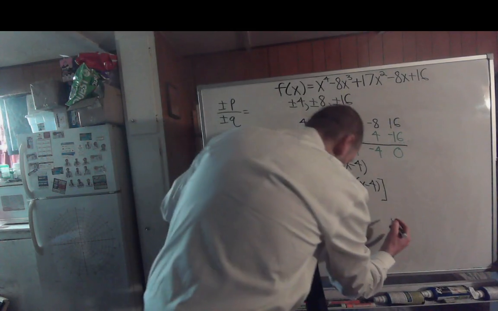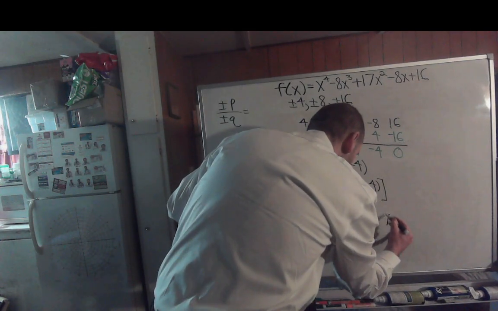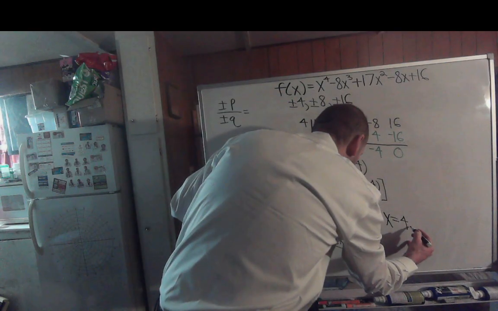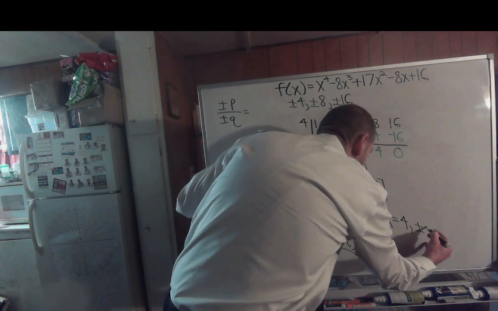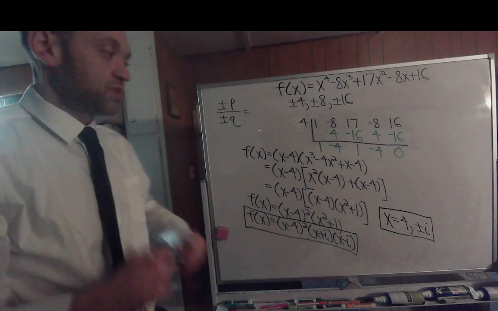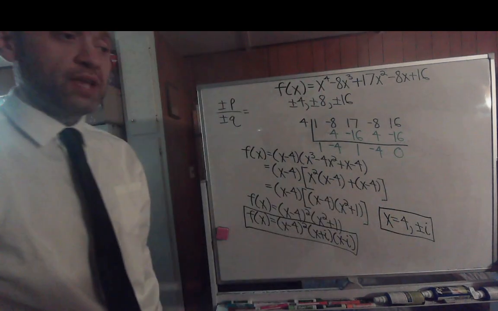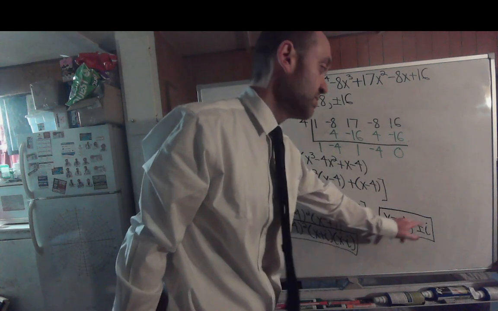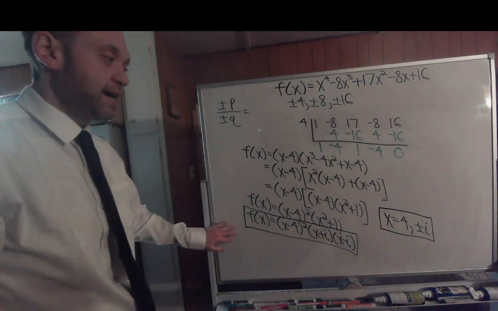And then your solutions would be x equals 4 and then plus and minus i. It looks like we only have 3 zeros, but that 4 occurs twice, so that actually counts for 2 of your zeros. Then you have plus and minus i.